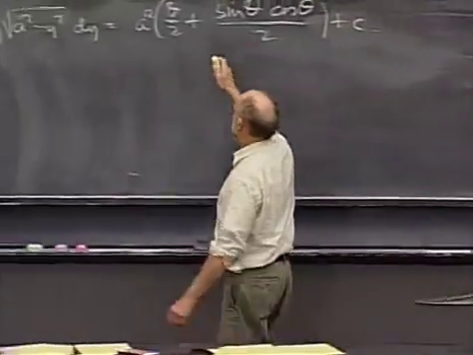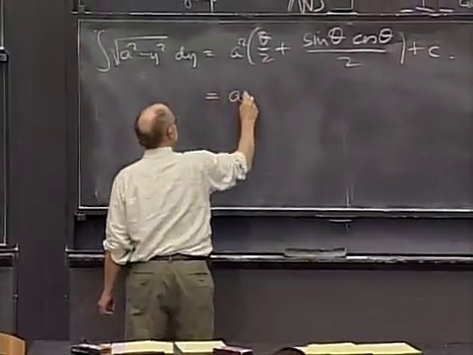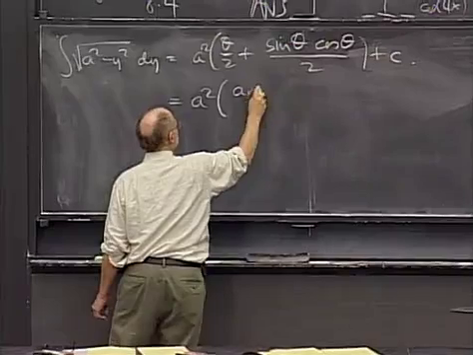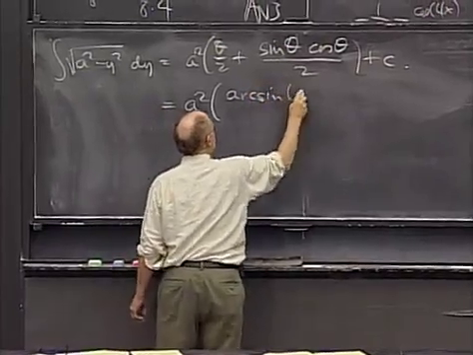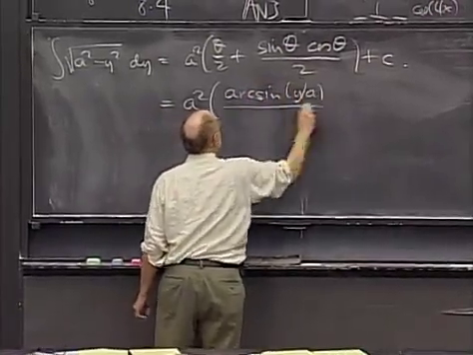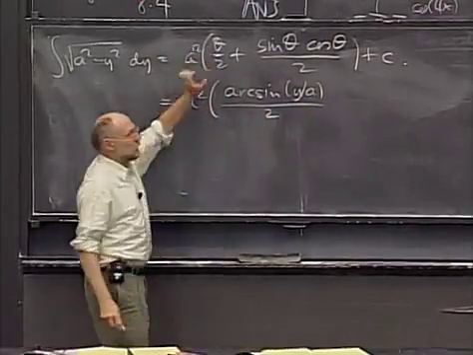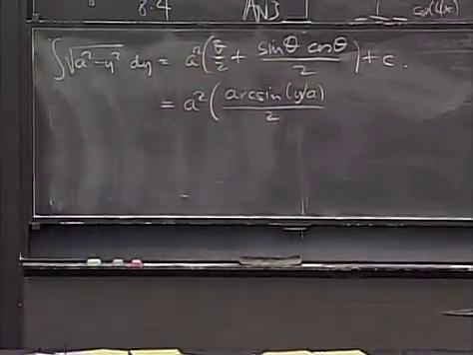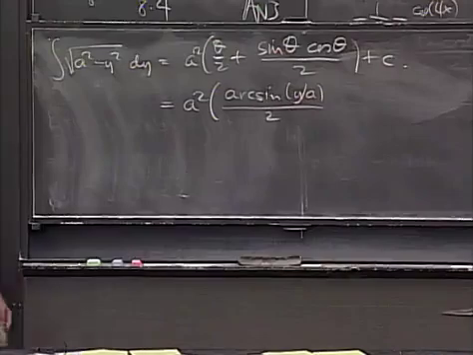So that's the first thing that shows up here, arc sine of y over a all over 2. That's this term. Theta is the arc sine of y over a divided by 2.